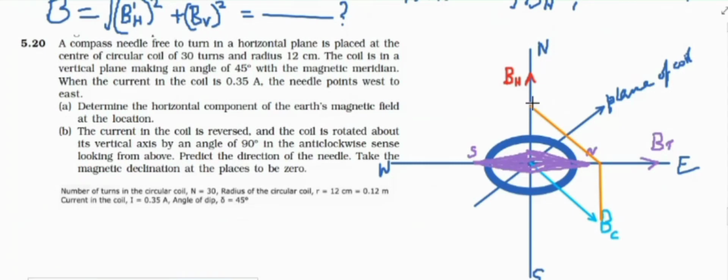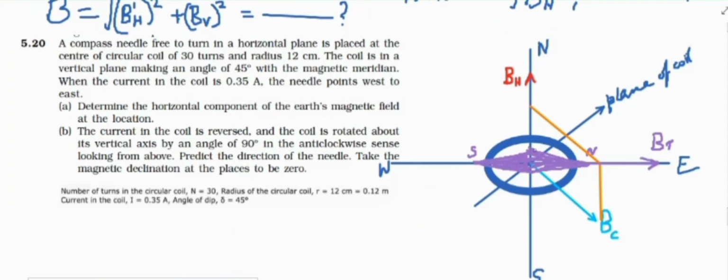Like this. Now the diagonal of the parallelogram gives the resultant magnetic field. Diagonal of the parallelogram gives the resultant magnetic field B total. And all these angles we know.